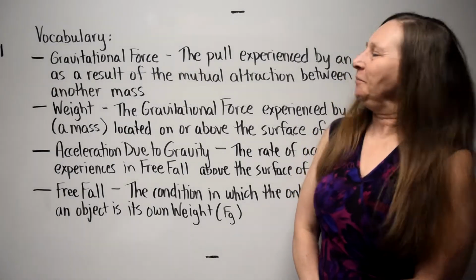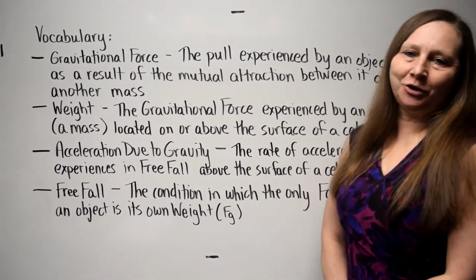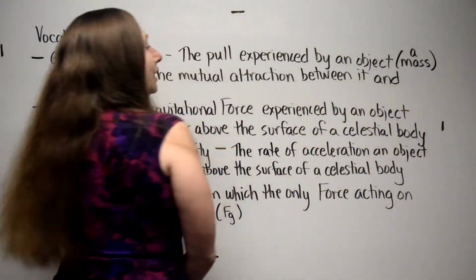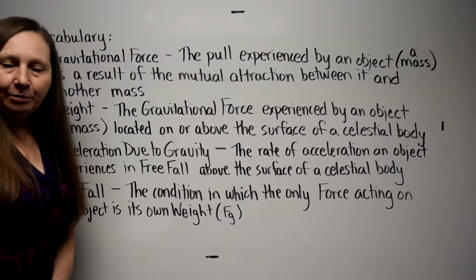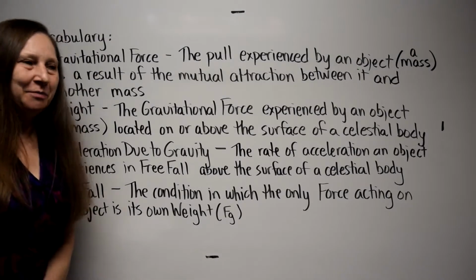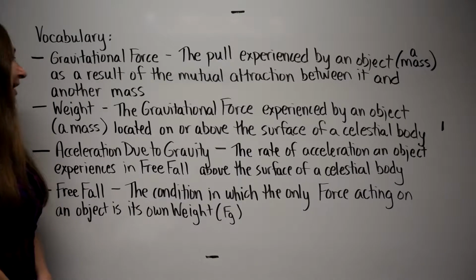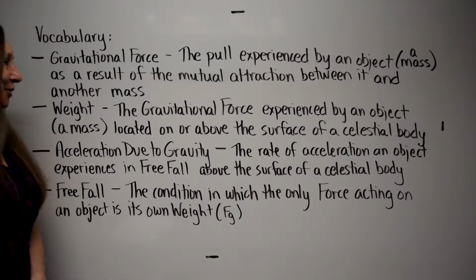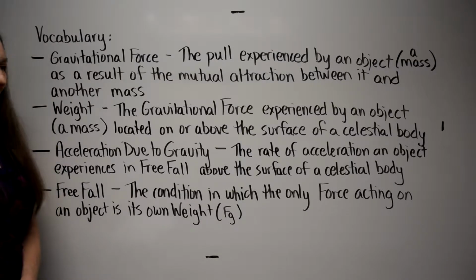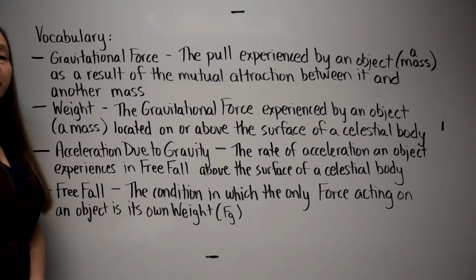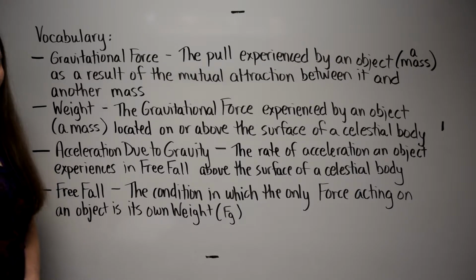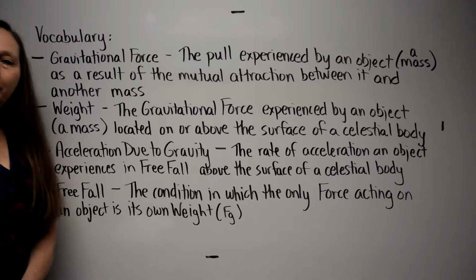Some vocabulary. Gravitational force: the pull experienced by an object, or any mass for that matter, as a result of the mutual attraction between it and another mass. Weight: the gravitational force experienced by an object, or any mass, located on or above the surface of a celestial body.